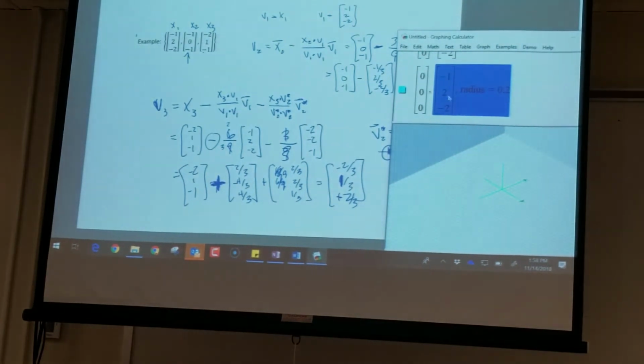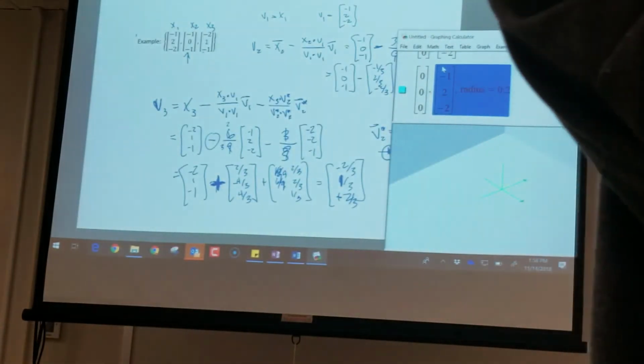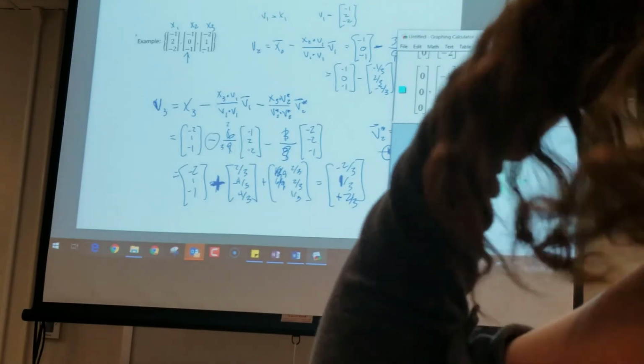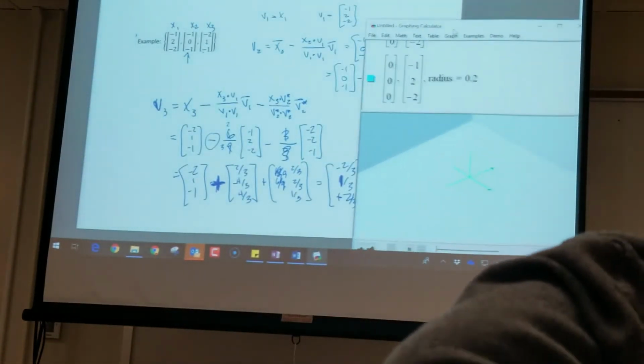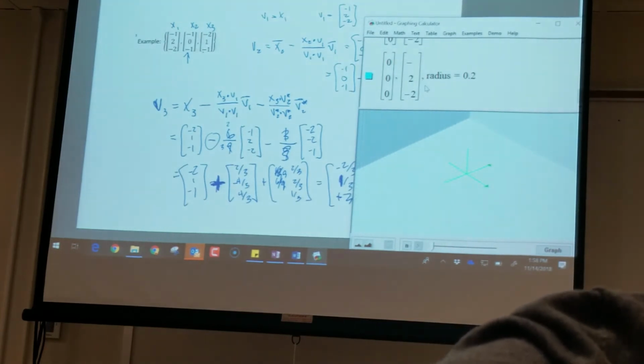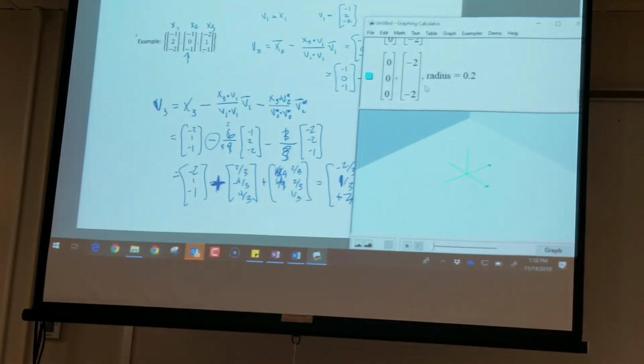So the other one was our V2 star. What was it? -2, -2, -1. Perpendicular, yeah? Very 90 degrees.